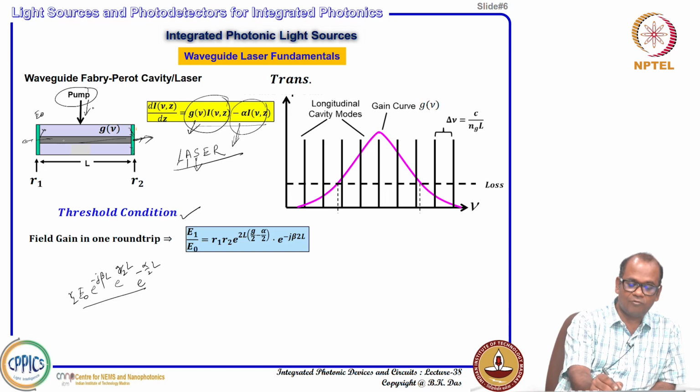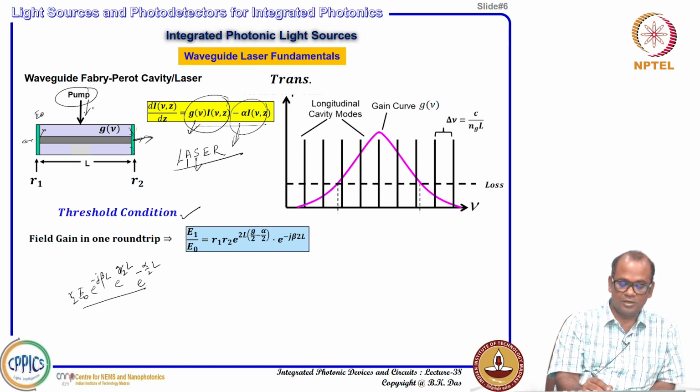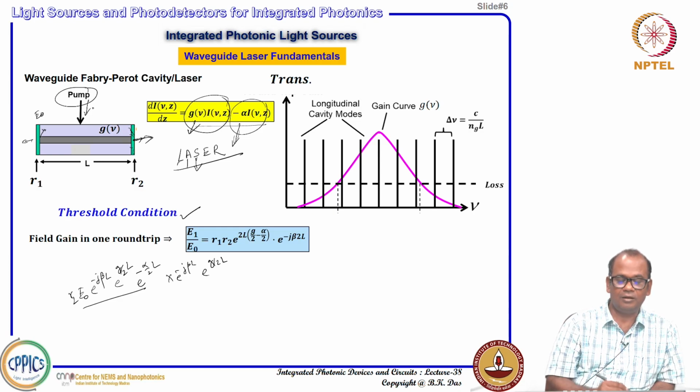It comes back again, it travels another length L. Then again it will be multiplied by e to the power minus j beta L, and again it will get some additional gain. This is phase, this is just amplitude gain normally, and then again you will be getting some loss in one pass.